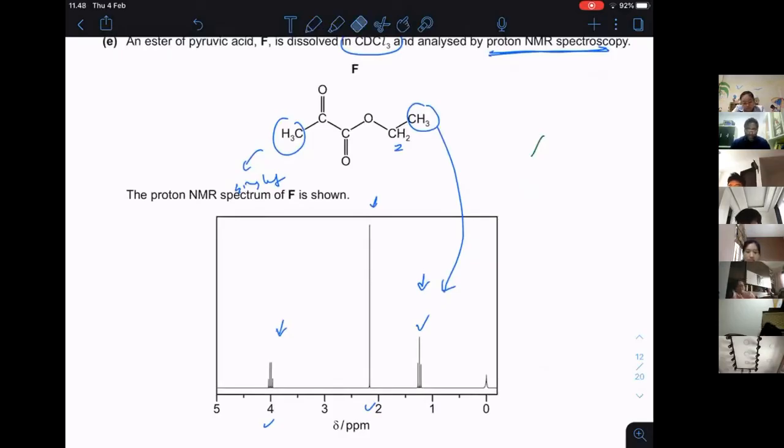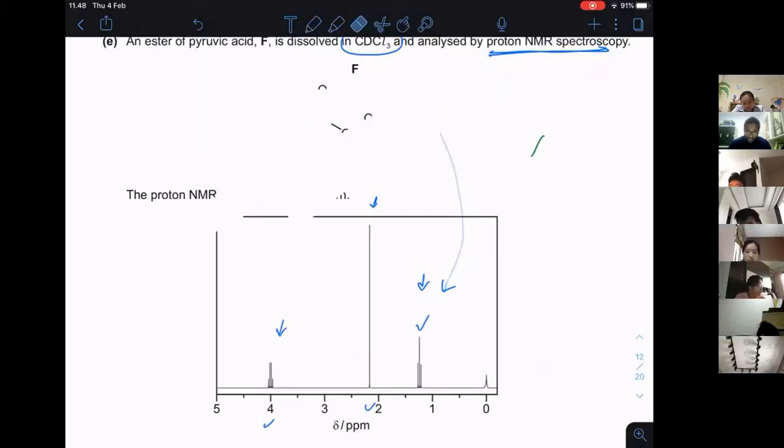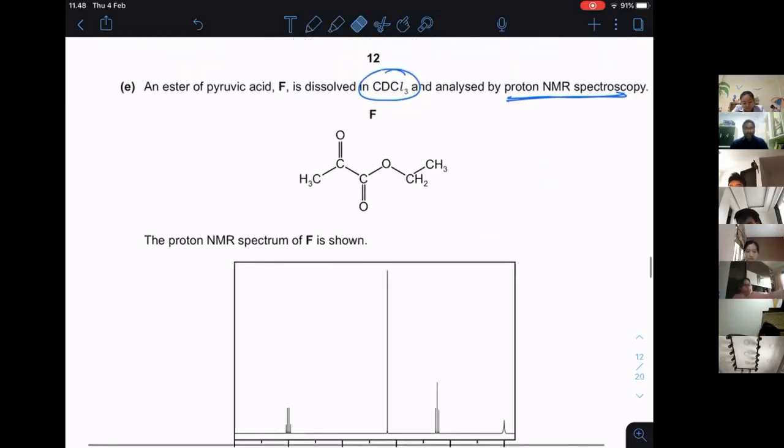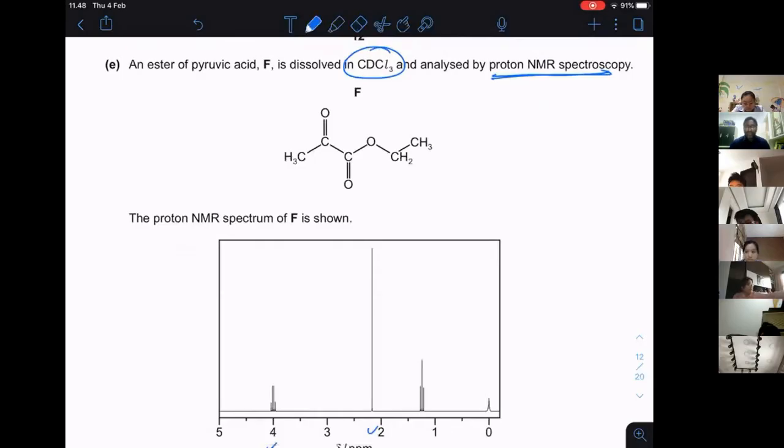So how to actually analyze this? The important thing that you can see here, if I just put them together here, I want to look into the hydrogen environment. So the hydrogen over here, the hydrogen over here, and the hydrogen over here, these are the environments. That's why you can see that they only have 3 peaks over here: 1, 2, 3.